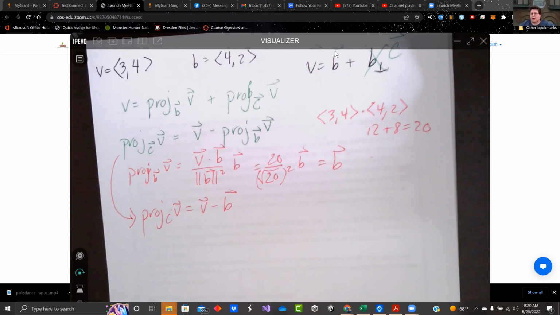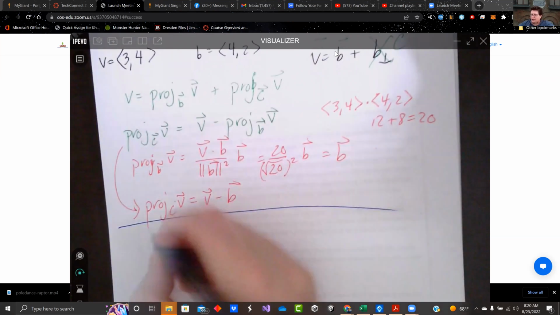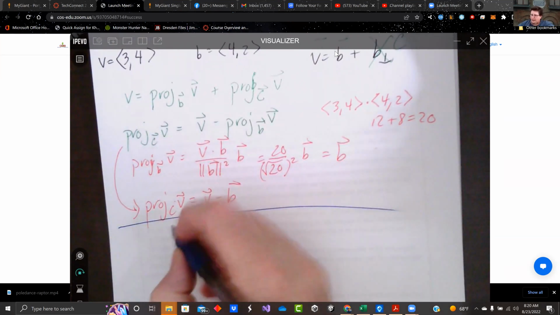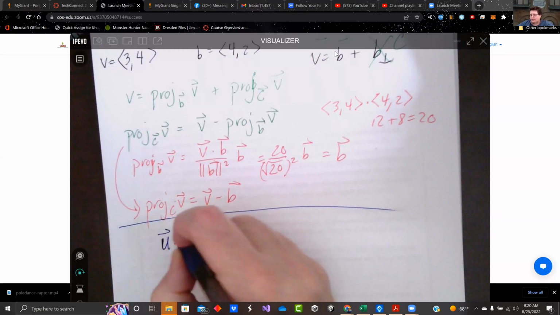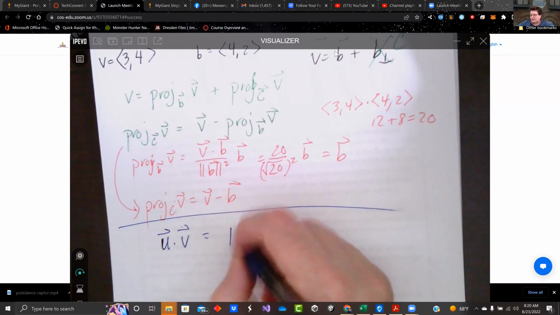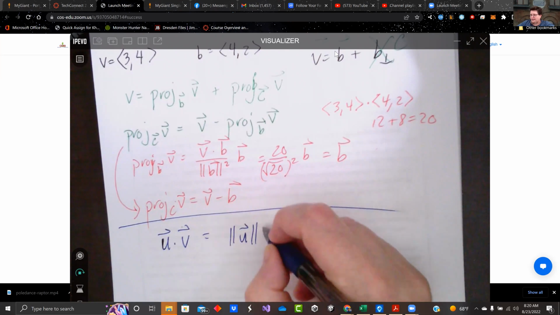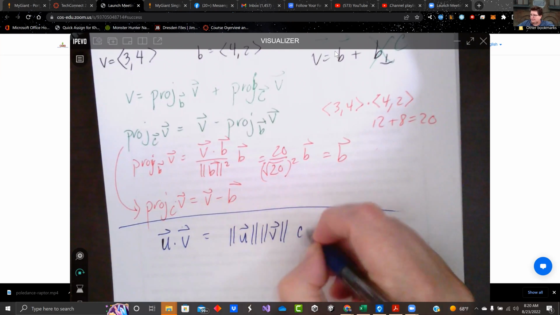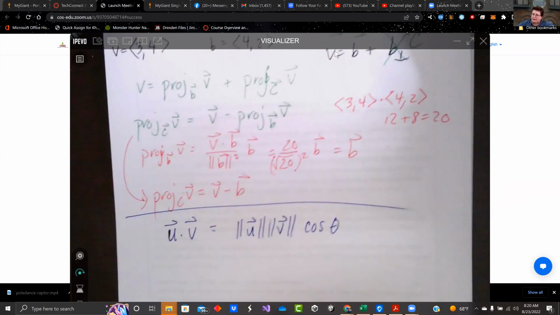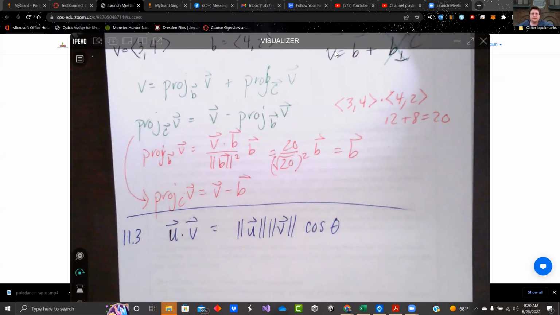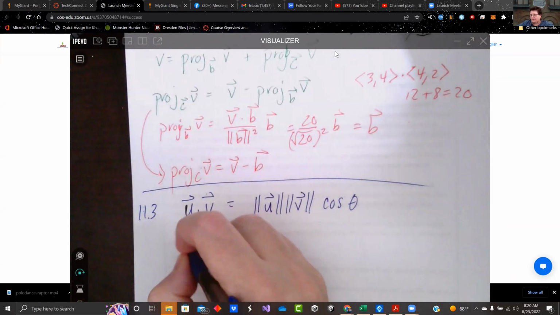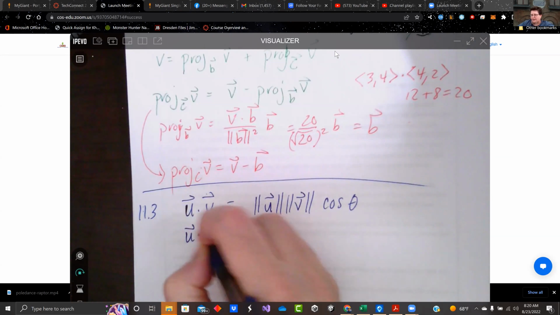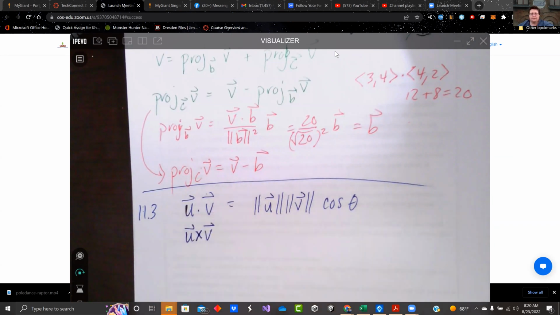Maybe if you work on some problems, you'll develop some more questions. I will give you a little taste of where 11.4 is heading. Real quick, notice that we had U dot V equals magnitude of U, magnitude of V, cosine theta. That was 11.3. In 11.4, we're doing another form of vector multiplication, cross multiplying.